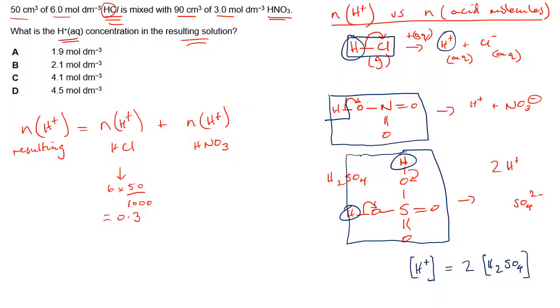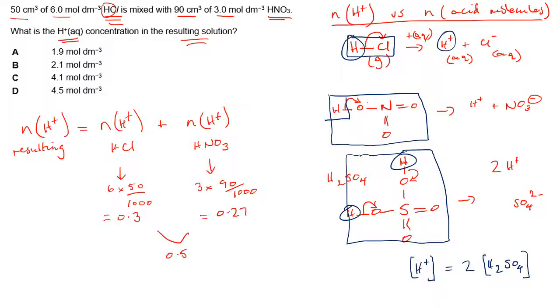We've got 0.3 moles of hydrogen ions from the hydrochloric acid, and we do the same sort of calculation for our nitric acid. We've got concentration of 3 times volume of 90 in dm cubed, and so that equals 270 divided by 1,000, which is 0.27. Okay, so we're going to add these 2 together, so that's 0.57.